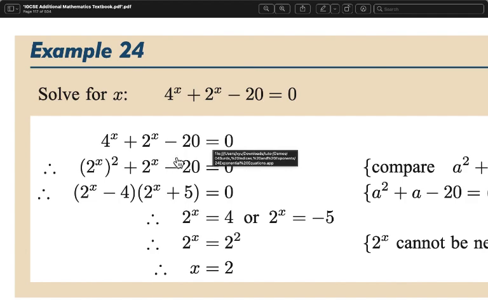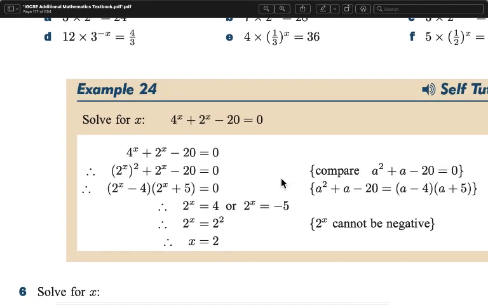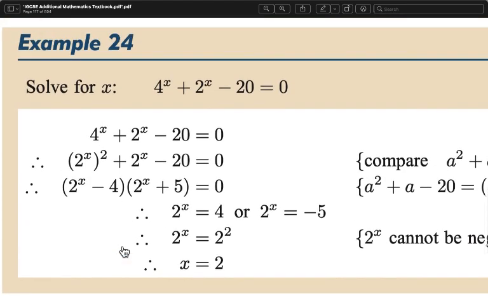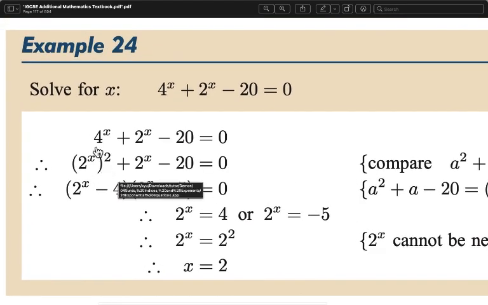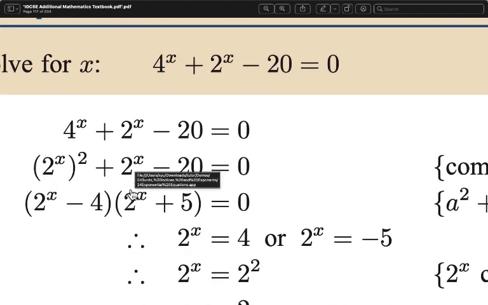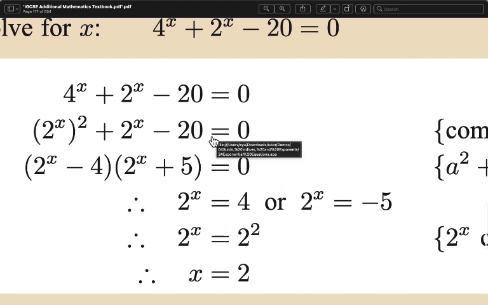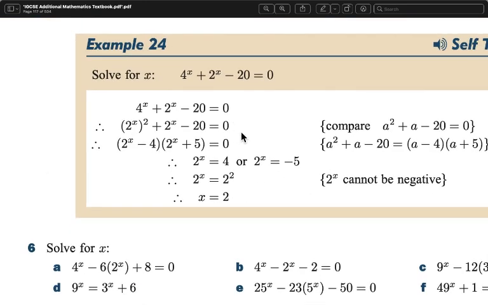The 2 to the power of x will be the new variable set in this equation, as the power is changing. Here, 2 to the power of x has a power of 2, then 2 to the power of x has a power of 1, and for the constant term, it has a power of 0.